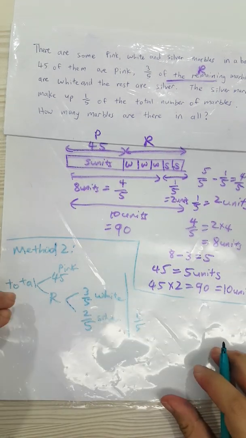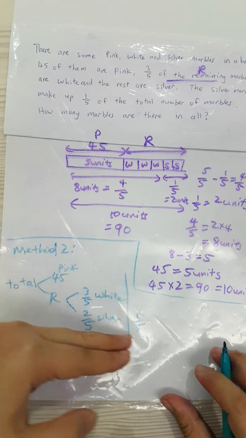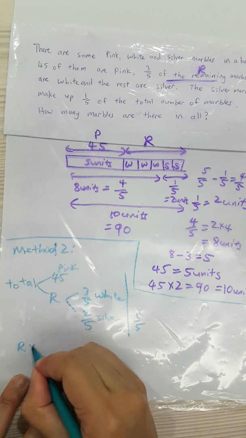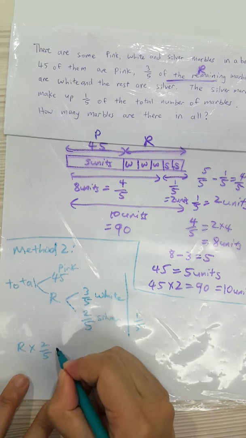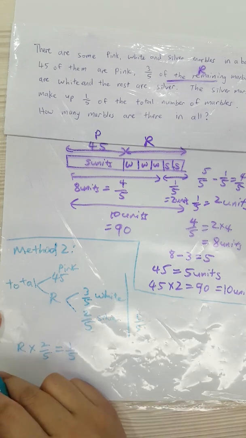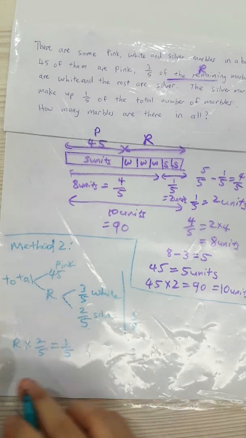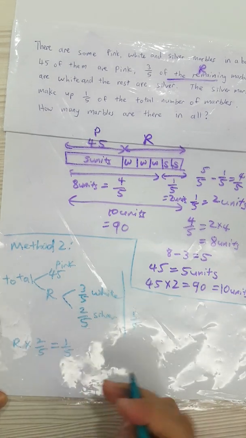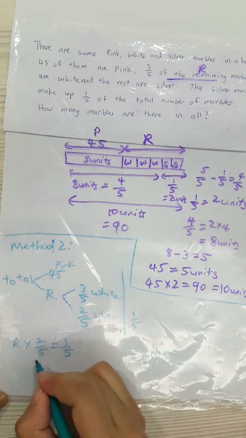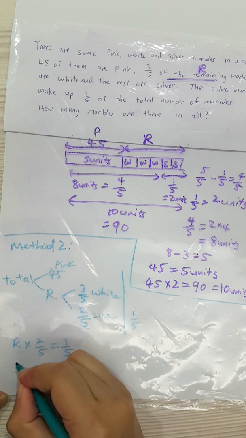So for your branch method, you are supposed to flow this way. So if I write it, it will be R times 2 out of 5 is equal to 1 out of 5. So if I were to work backwards, let's say 2 times 5 equals 10. If I work backwards, it will be 10 divided by 5 equals 2. So I do the same thing.